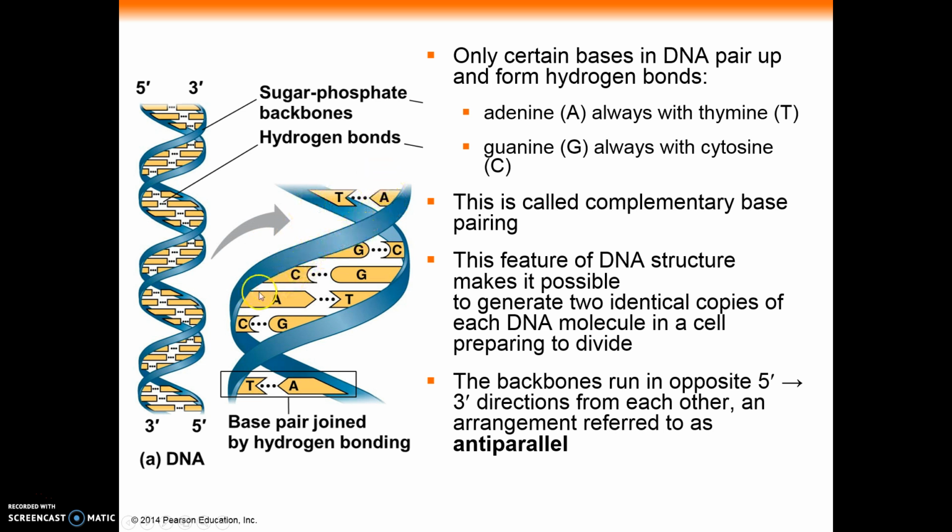So, as we look at this DNA, you can see that the other strand isn't the same, but it is complementary. And so if you were to remove one of the strands, you'd be able to replicate it and bring it back. Because if we were to remove the strand right here, and we only had this strand, we would know that across from this A would have to be a T. Across from this G would have to be a C. Across from the C would have to be a G, and so forth.